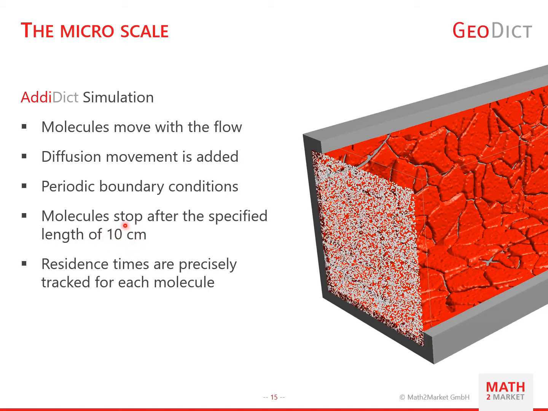This is the real length that we want to simulate. Our residence times are precisely tracked for each molecule, so we have information on how long each molecule goes through the Washcoat layer, for example.